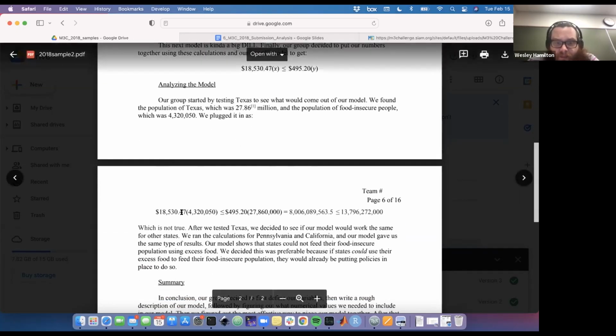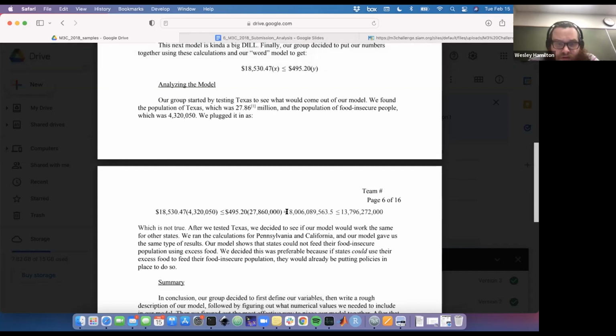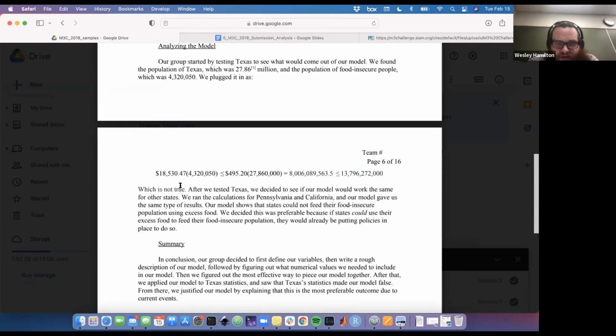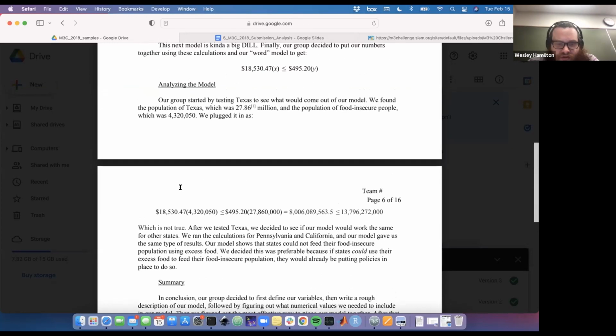Plug it in, maybe this could do a little better with organization. Is it like this inequality, evaluate stuff, is that inequality? I don't know. Maybe it could have been a little better organized. So I say this is not true. Okay.